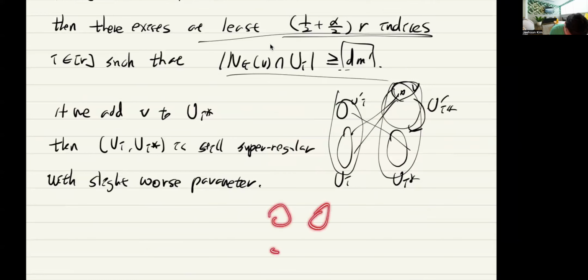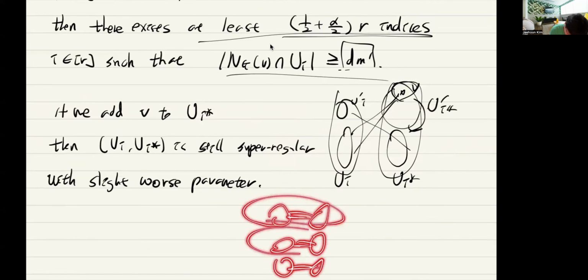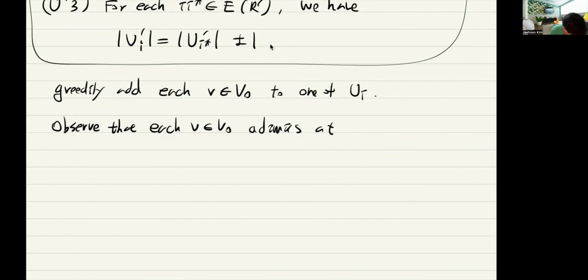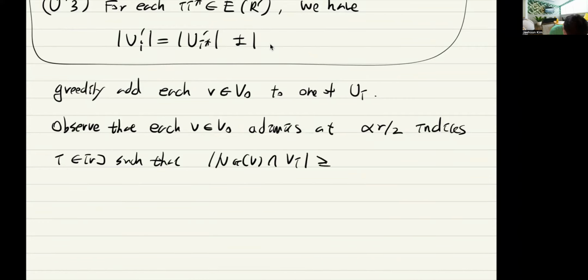That means in this matching R prime, there are many pairs, both of which receive many edges from this B. So there are at least alpha R over 2 indices i such that this holds, and both hold.